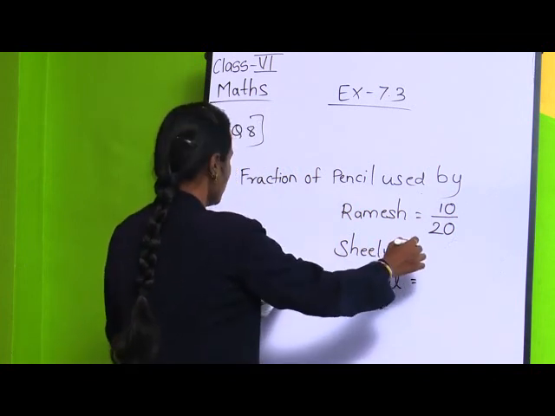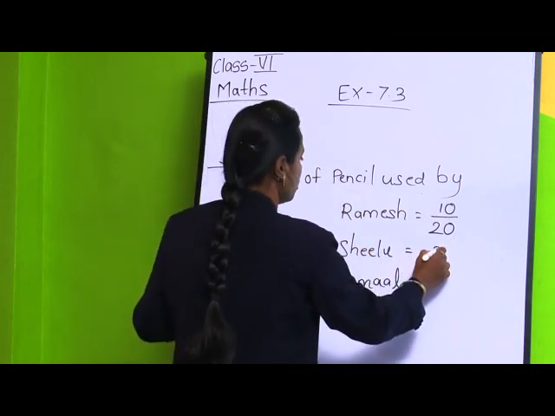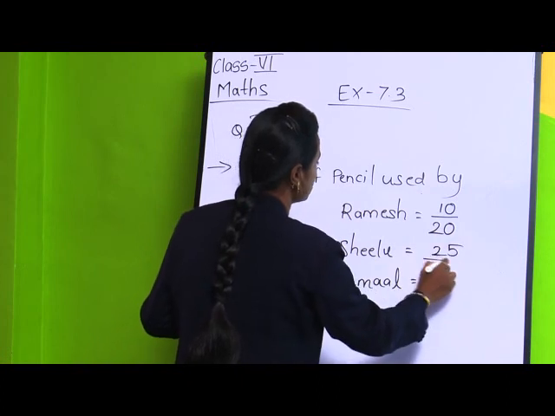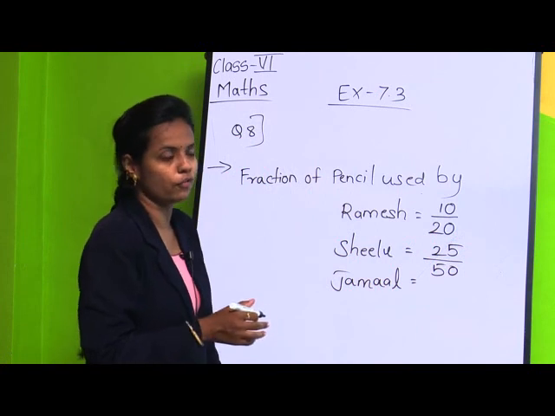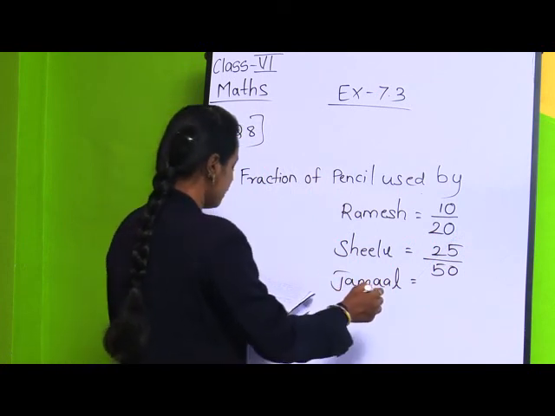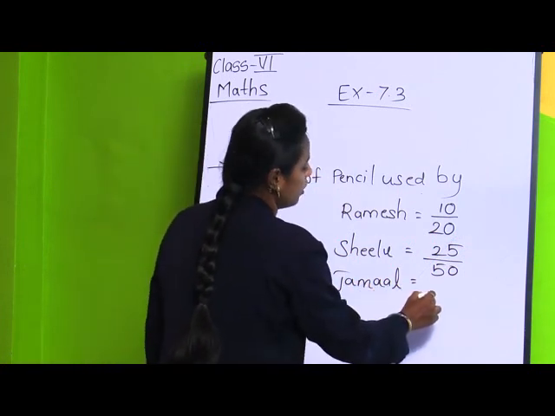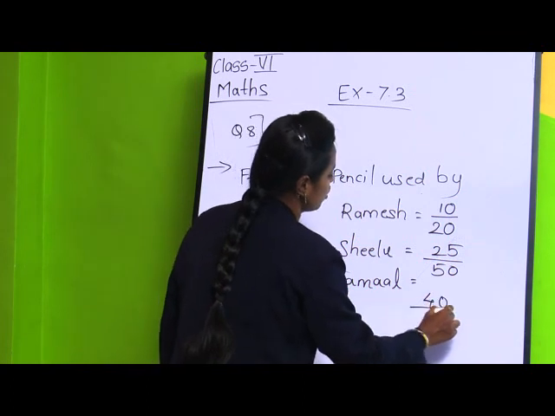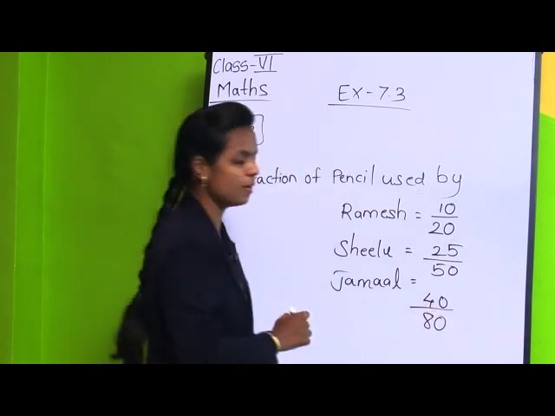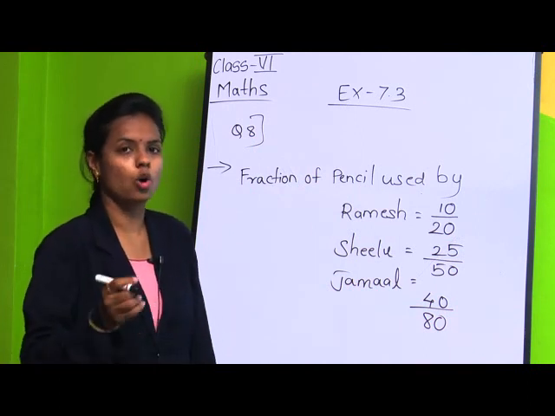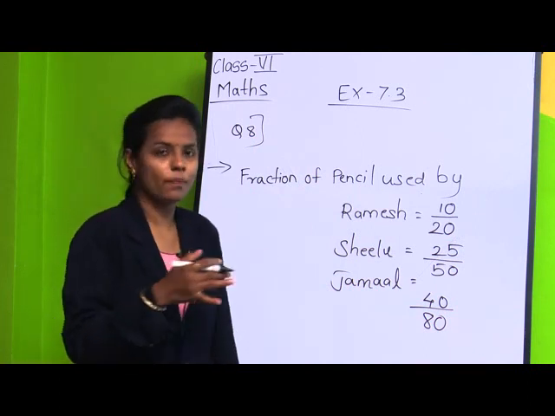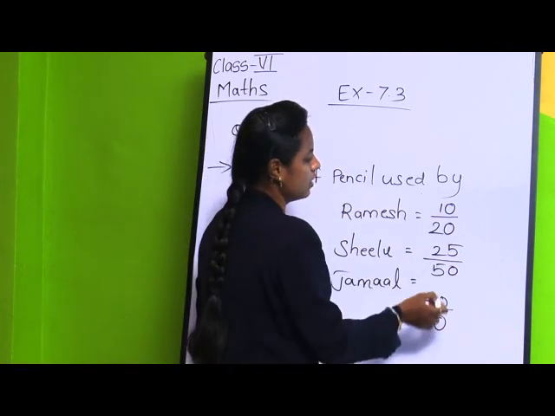Then Sheelu used 25 pencils, but she had 50 pencils in total. And Jamal used 40 pencils, but he had 80 pencils. We need to find whether these fractions are equivalent or not. For this we just need to find the lowest term.